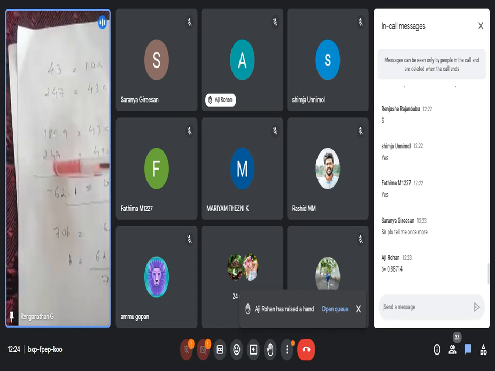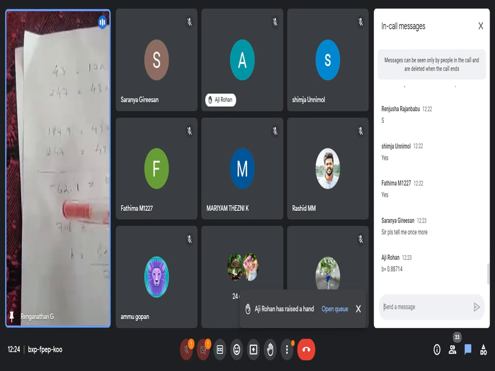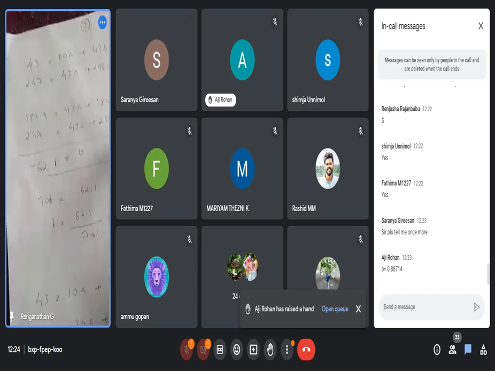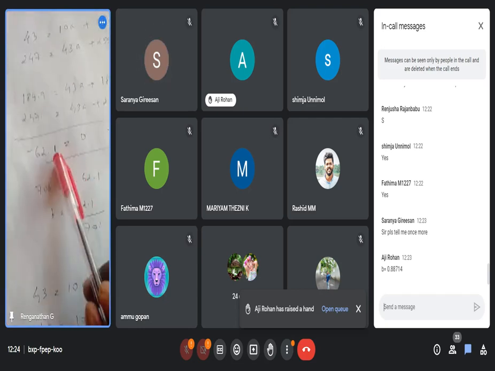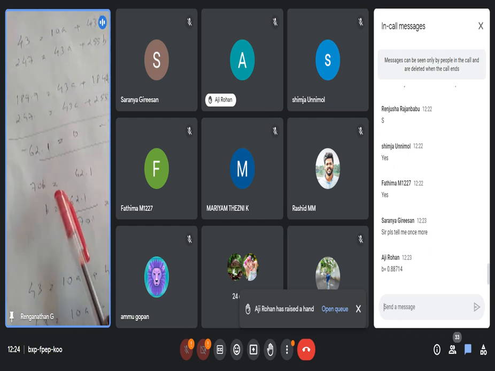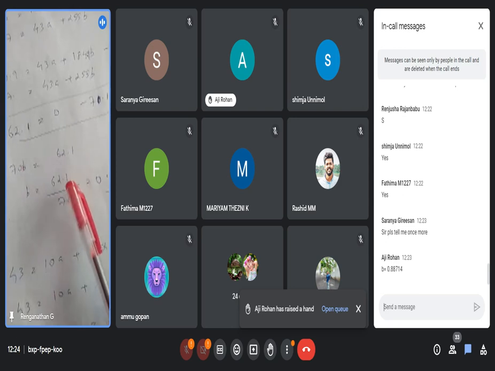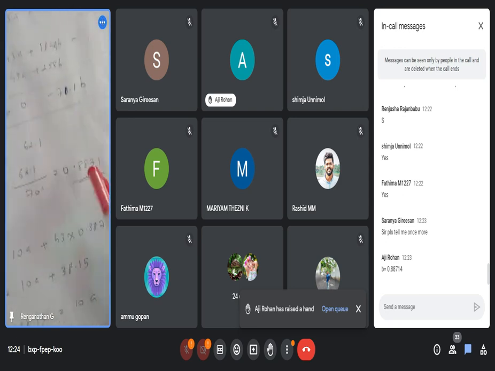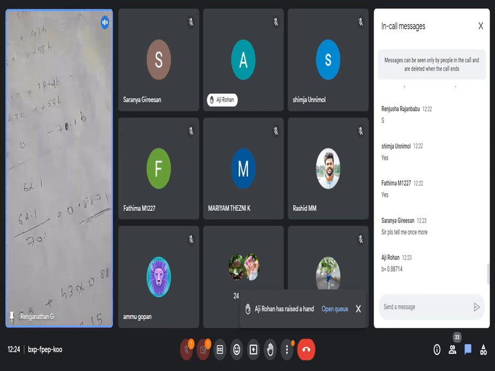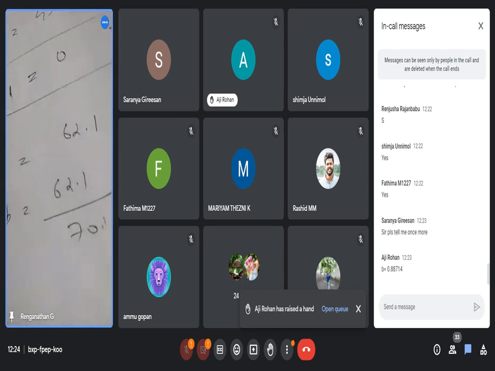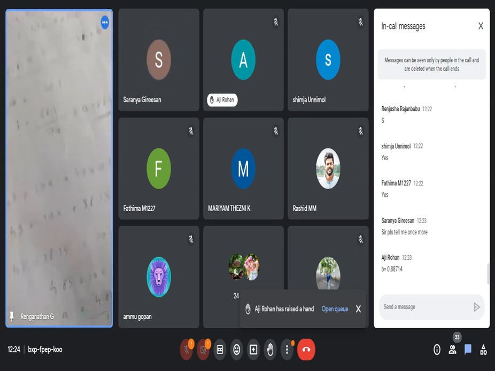Then 184.9 minus 247 becomes 62.1. Then we can rewrite this as 70.1B is equal to 62.1. Then what is the value of B? B is equal to 62.1 divided by 70.1. That is what we got, 0.8871. Is it okay, Saranya?